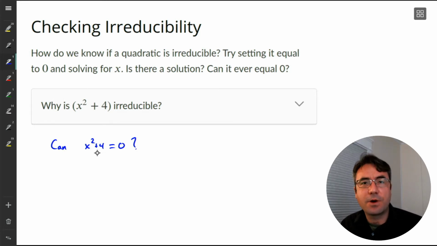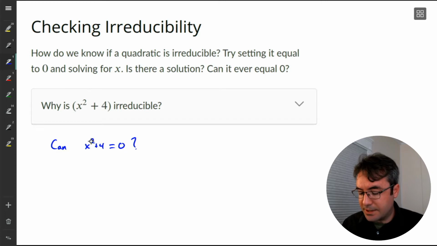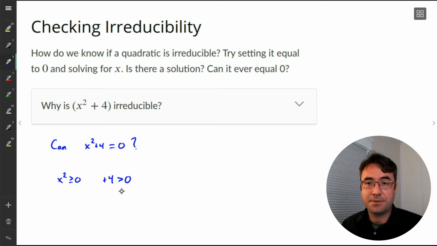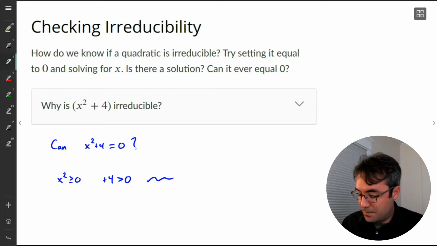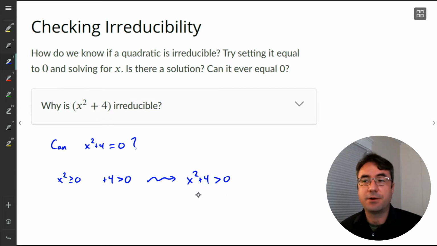Can x squared plus 4 ever equal 0? Well, x squared is always greater than or equal to 0, plus 4 is always greater than 0. So when we add them together, x squared plus 4 is always going to be greater than 0, no matter what x is.